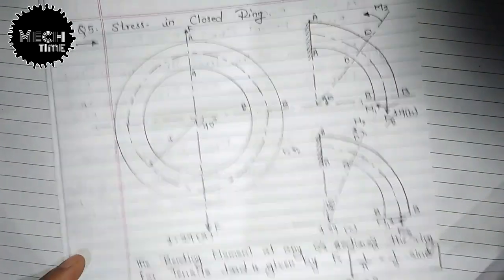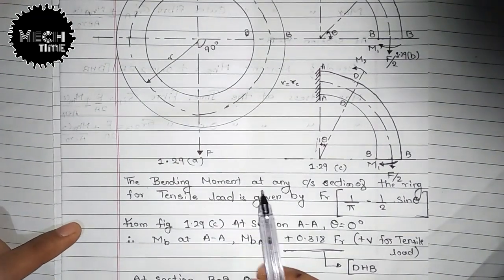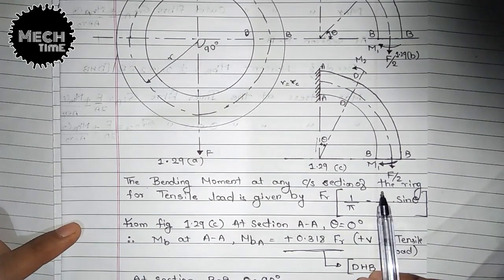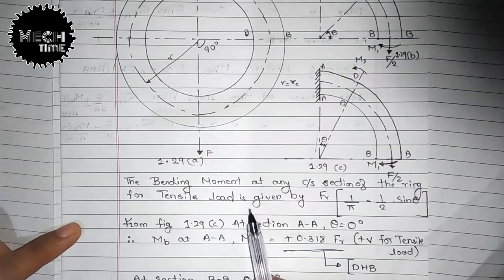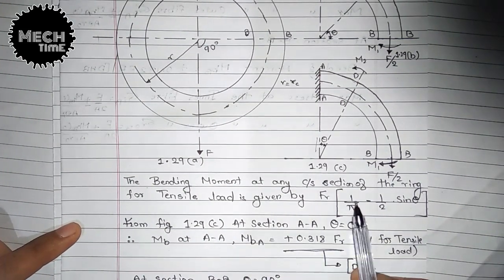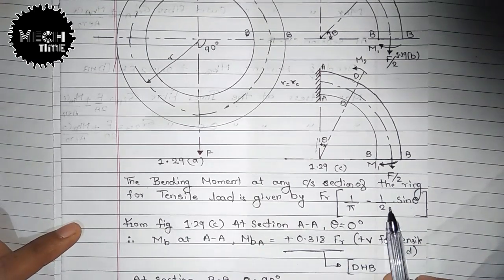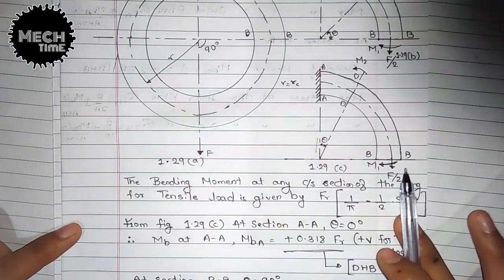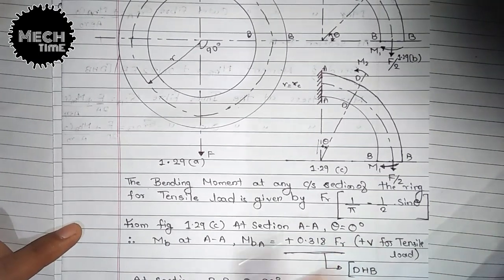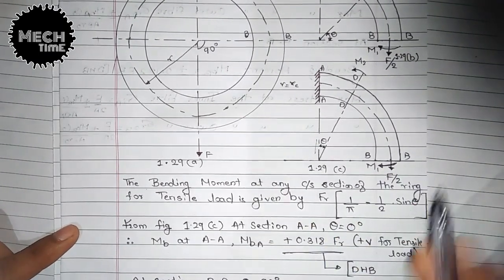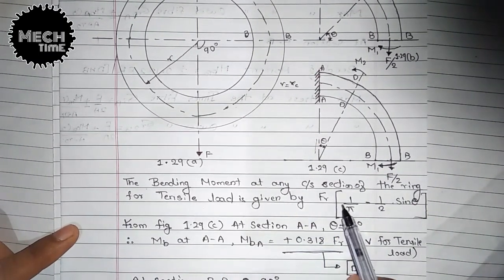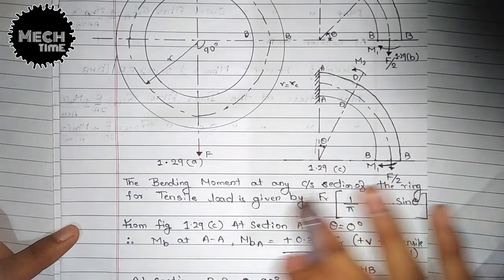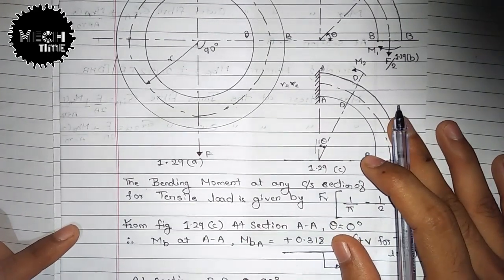Now the bending moment at any cross section of the ring for the tensile load is given by Fr (1/π − 1/2 sin θ). You need to remember only this; everything else is present in the data handbook. Only you need to remember the bending moment at any cross section of the ring for a tensile load.